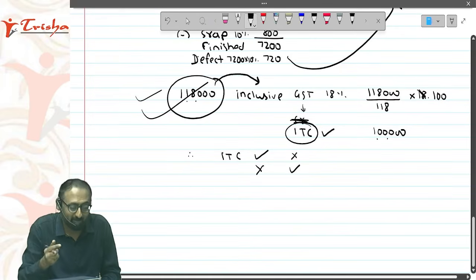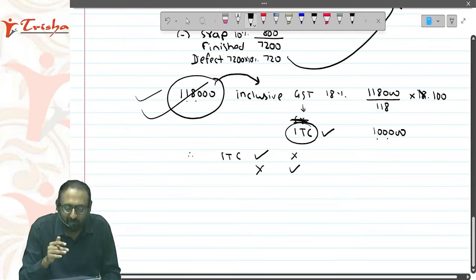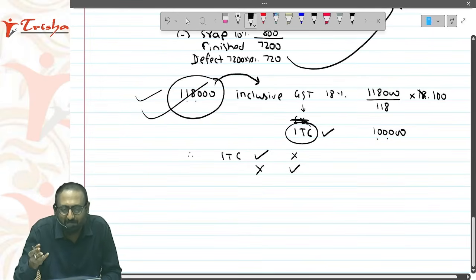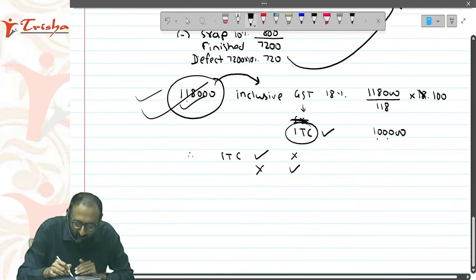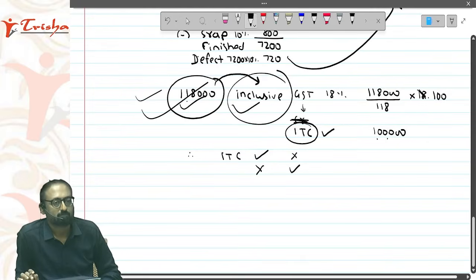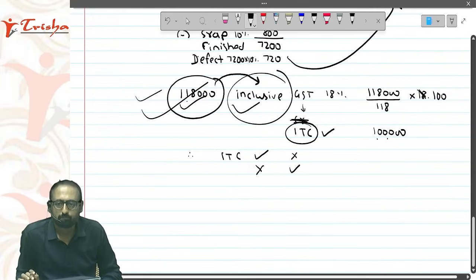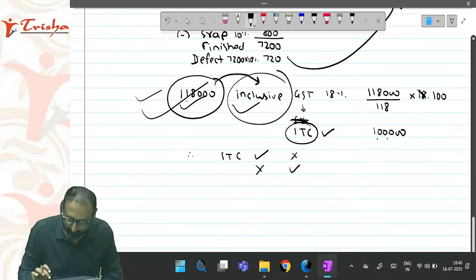So might be in your attempt they will give this inclusive of GST and some people will get fooled here. They think that, okay, GST credit is available, no need to add GST. No need to add, but 1,18,000 is already inclusive. Clear, boss?